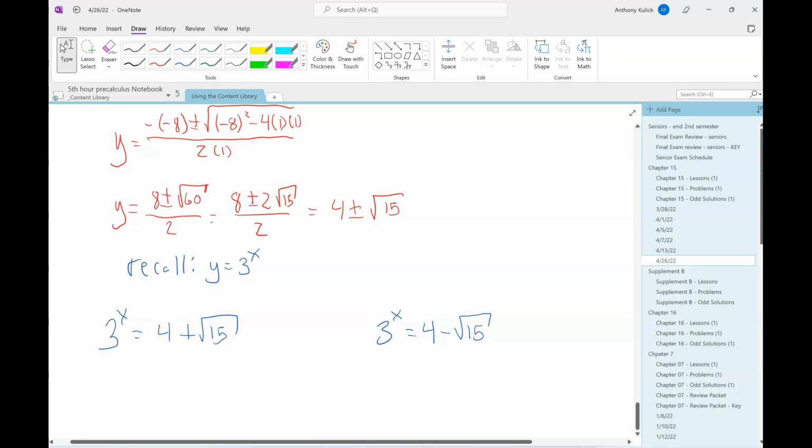So far, so good. Everybody's okay with me breaking that plus or minus into 2 separate equations like that? Since we're going to have to keep on solving, it's a good idea to do that now.